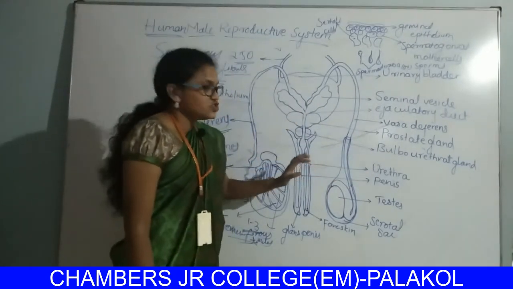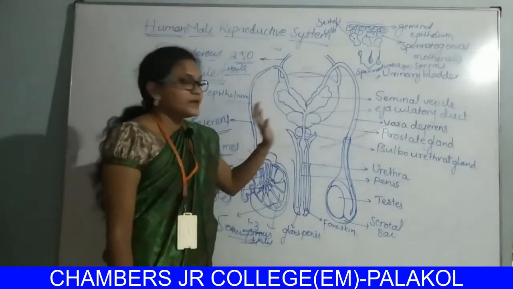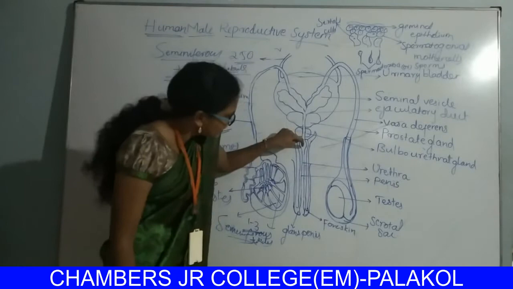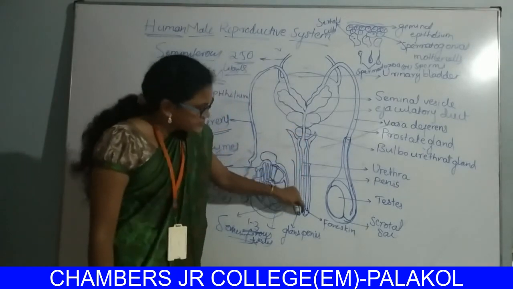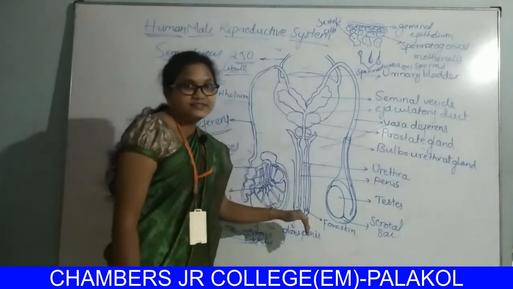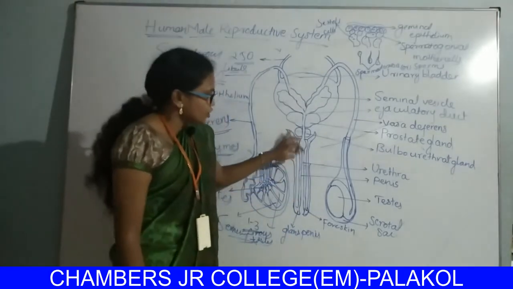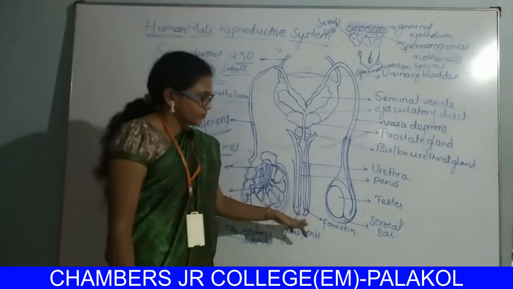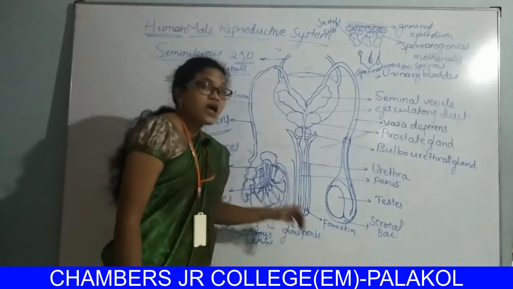Through this urethra, sperm cells pass to the outside, and urine also passes through the urethra to the outside.